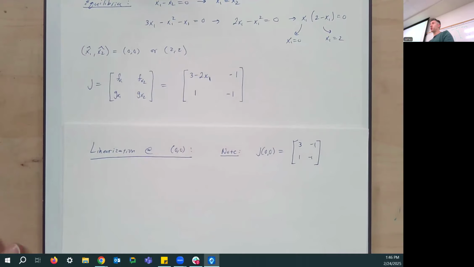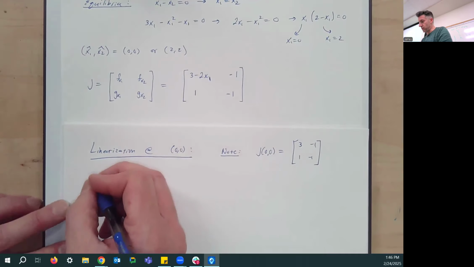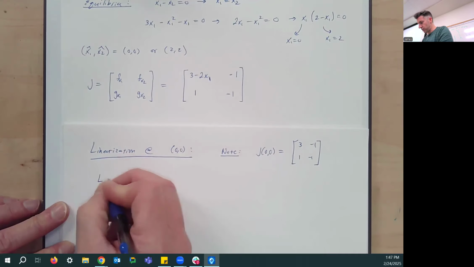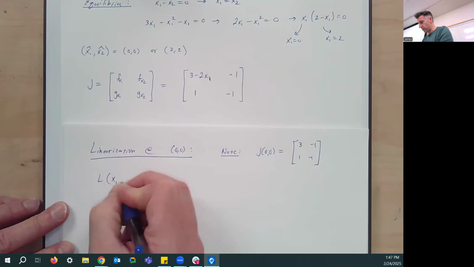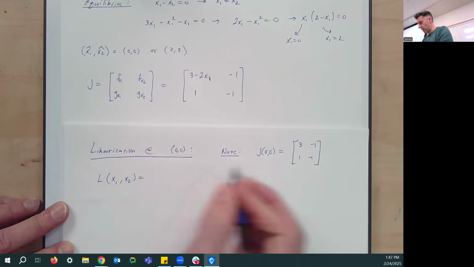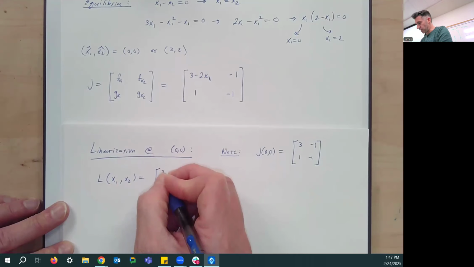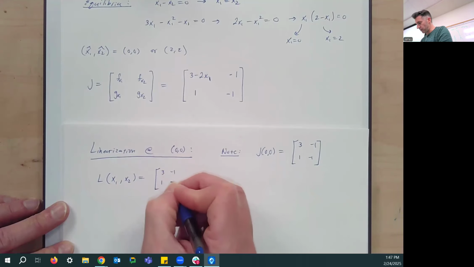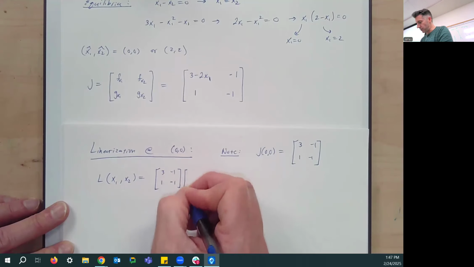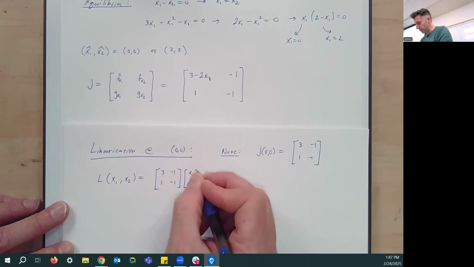So here's our linearization. What we're saying here is that our linearization of x1, x2 is just that matrix, 3, -1, 1, -1, times our variables x1, x2.